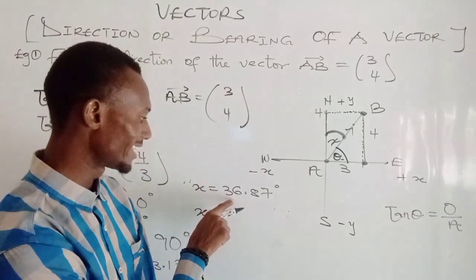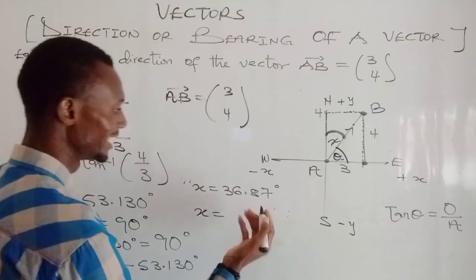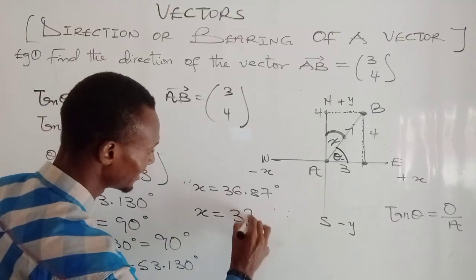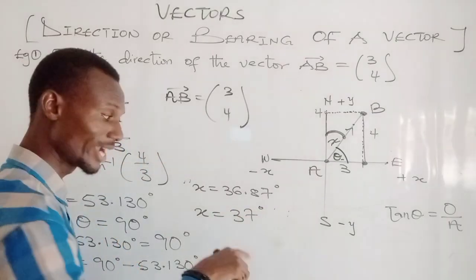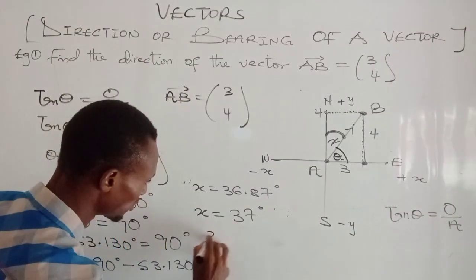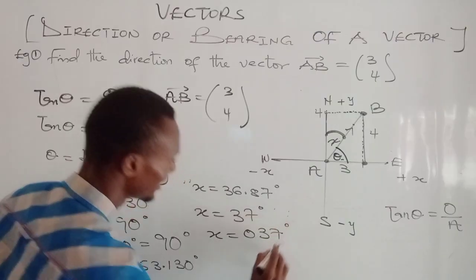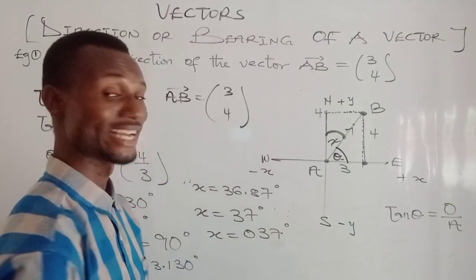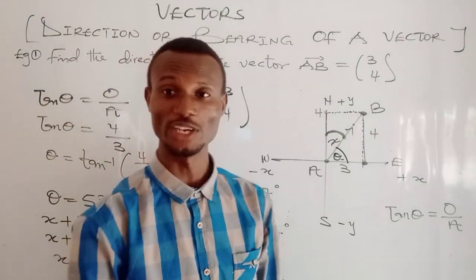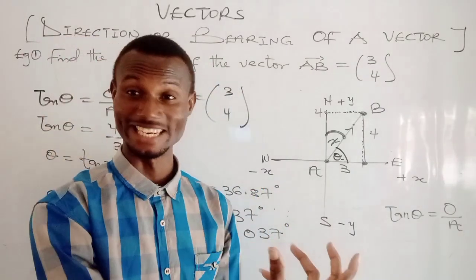Rounding 36.87 degrees to the nearest whole number gives 37 degrees, which I have to write in 3 figures because it's a bearing. So my S will be equal to 037 degrees. This is the final answer. So the direction of the vector AB is 037 degrees.